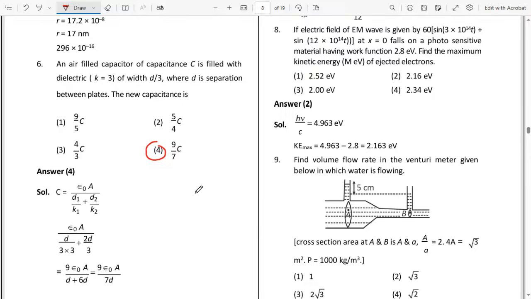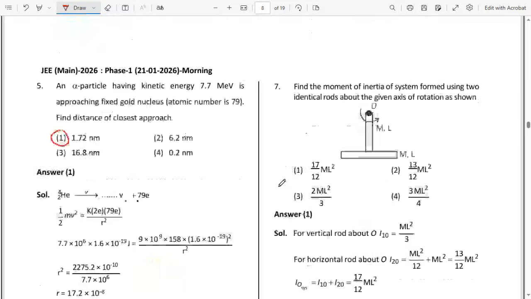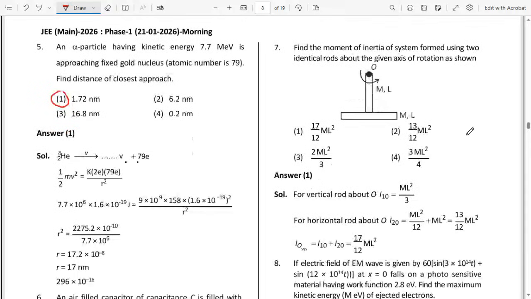Next, question number 7. Find the moment of inertia of system formed using two identical rods about the given axis of rotation as shown. Yes, students, the option is 1.